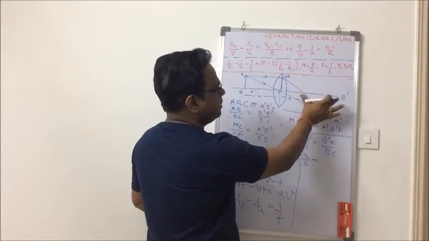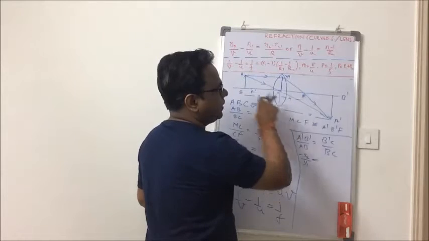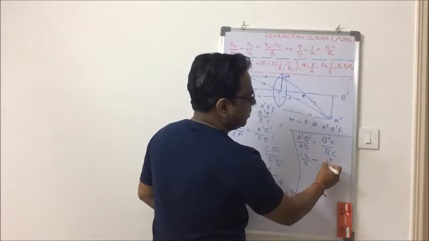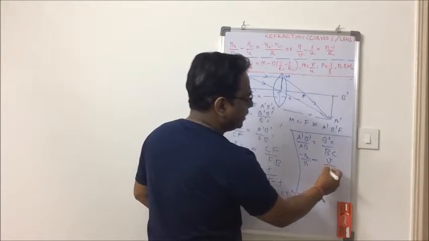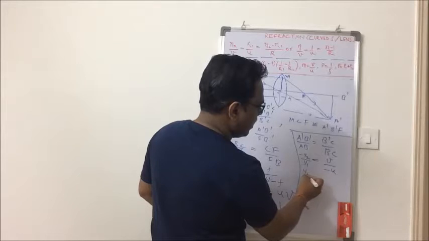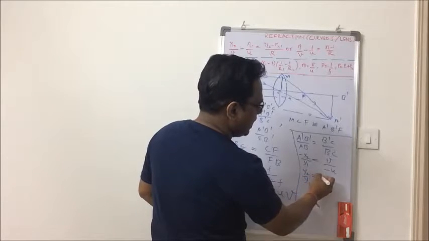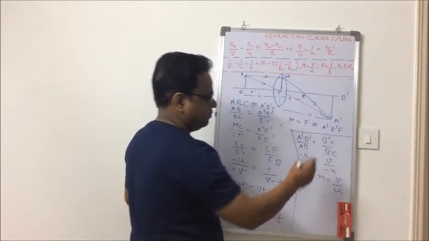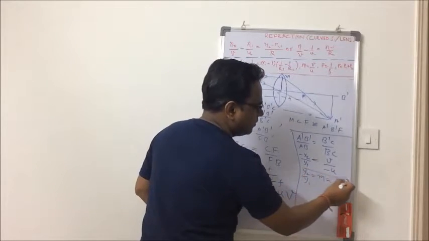B'C is positive because it is in the direction of the ray, so we will say V, and U would be negative, so we will say minus U. So y2 by y1, which is your M, is equal to V by U. Alright.